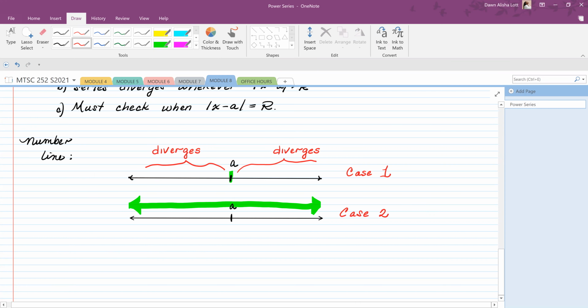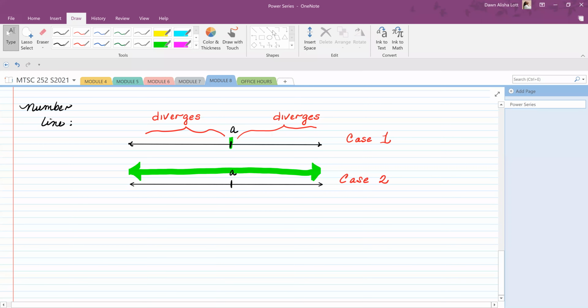And then the third case. Here's a, and then there's some interval. Let's see, what is that interval?